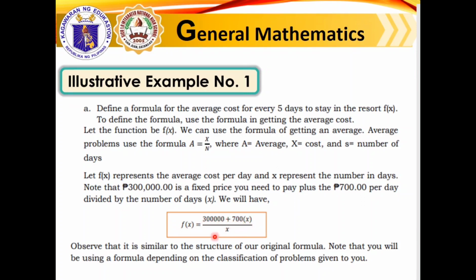So observe that it is similar to the structure of our original formula. Note that you will be using a formula depending on the classification of problems given to you. So some of our real life problems can be solved using the representation of our rational functions. So this is an example of a rational function.